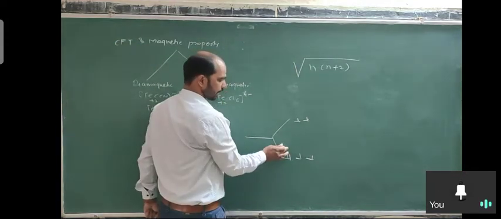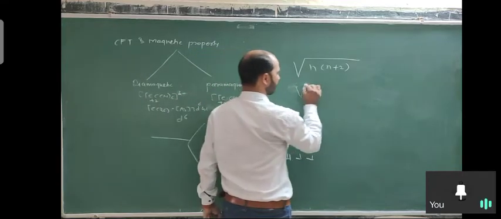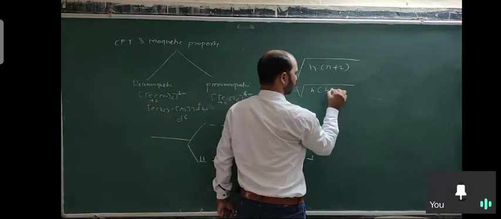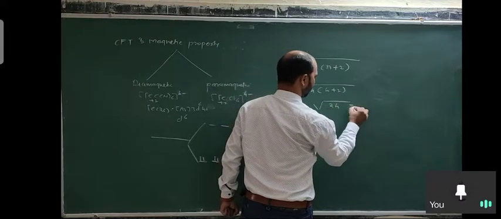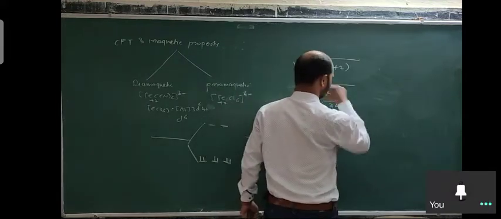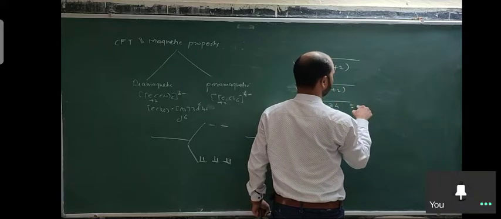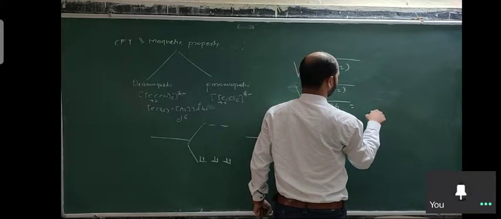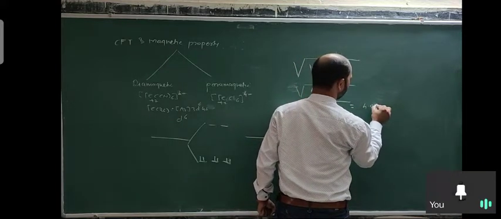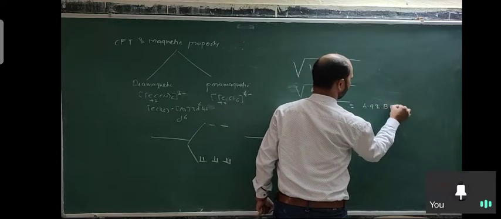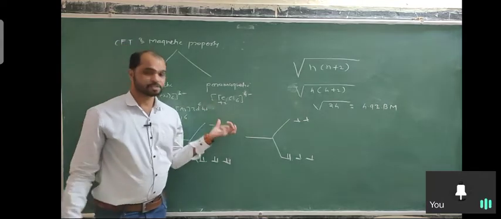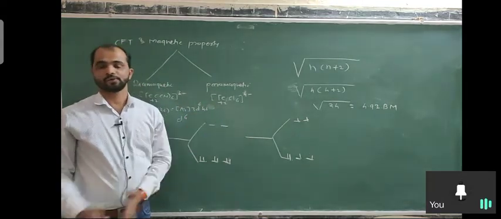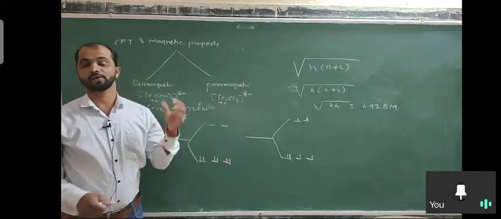So for 4 unpaired electrons, that means 4 into 4 plus 2, so under root 24, and the value is 4.92 Bohr magneton. So this way we can find whether the complex is paramagnetic or diamagnetic.